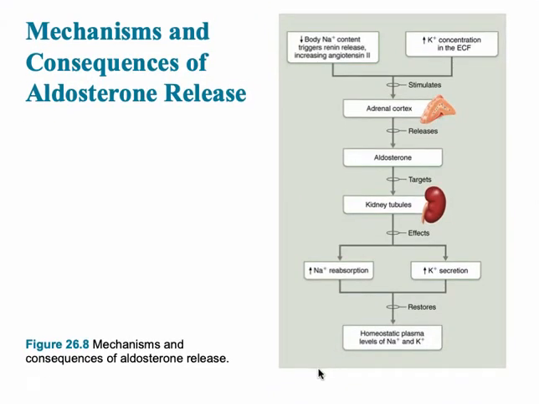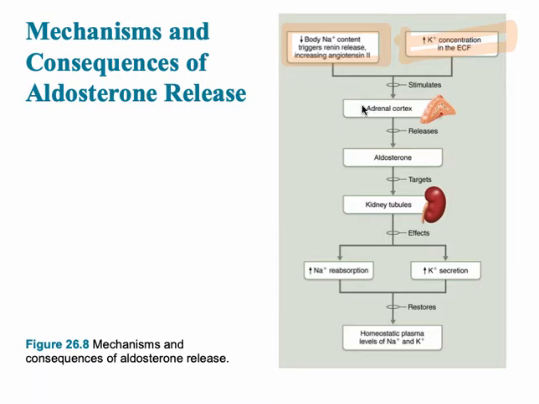So we can see here that one of the triggers is low sodium content, and that's going to trigger renin release, increasing angiotensin 2. Another trigger is high potassium concentration in the extracellular fluid, because the potassium should be low in the ECF, so this requires more sodium to be reabsorbed.